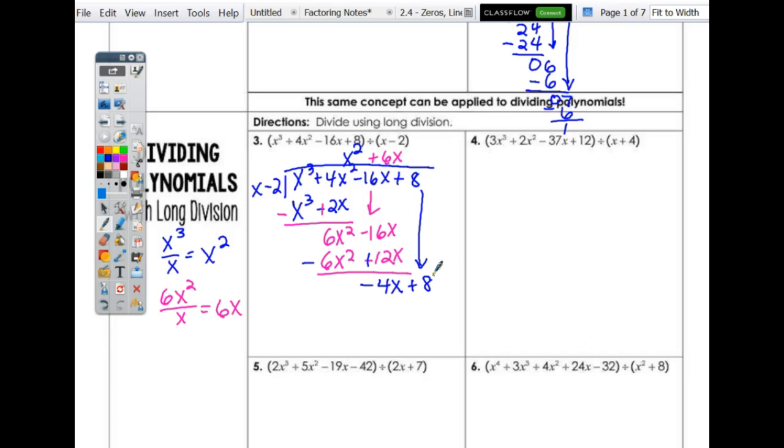So I'm going to take the minus 4x and divide it by x, and that gives me negative 4. So I'm going to put negative 4. So I have an answer of x squared plus 6x minus 4.